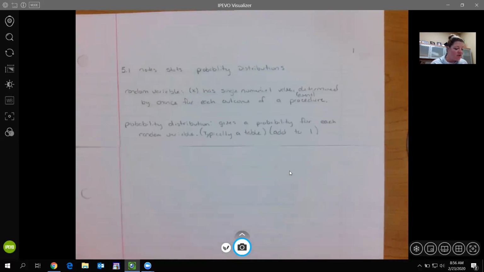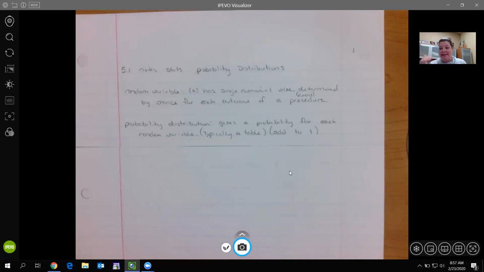So a probability distribution is, if I'm doing a full event or an experiment, what are the probabilities of every single thing in that? So it's a full range. For example, I could be rolling a die and I could get a 1, 2, 3, 4, 5, and 6, and each one would have the probability of 1/6.